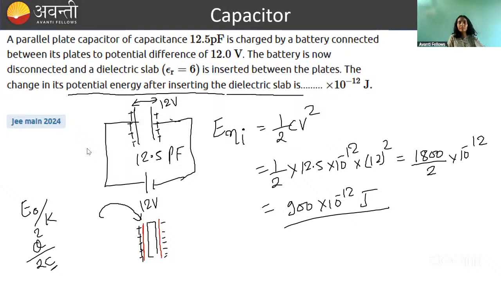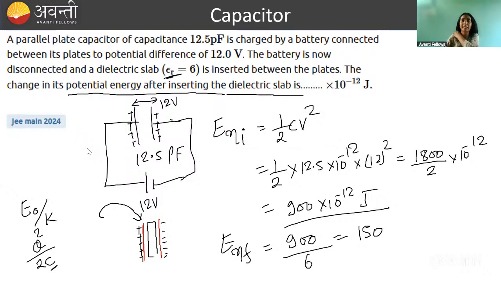So what will be the final energy? Final energy is initial energy by the dielectric constant. Epsilon R, the relative permittivity, is the same as the dielectric constant. This is 6. If you solve it, you will get 150. So the final energy is 150.